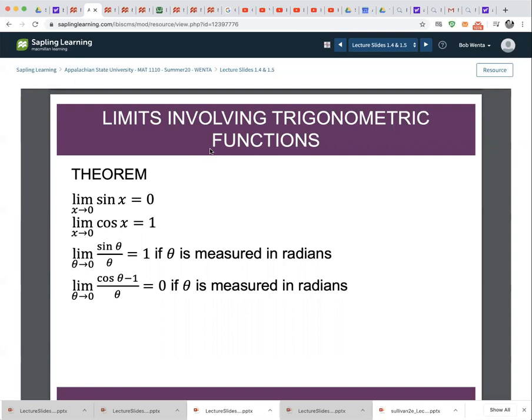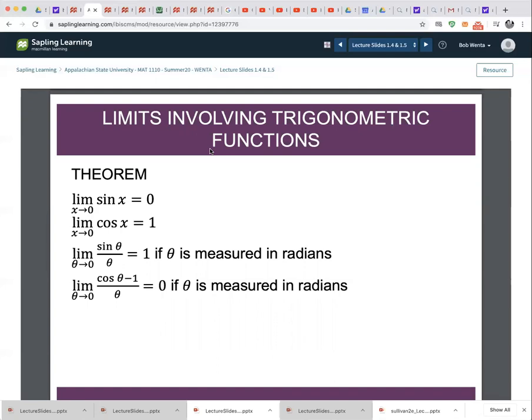I showed it by graphing that function sine theta over theta, and saw that at theta equals 0 the function can't be defined because it causes the denominator to be equal to 0. But there's an open spot there, and as you come in from the right, you're going to 1, and as you're coming in from the left, you're going to 1. So the limit is equal to 1.